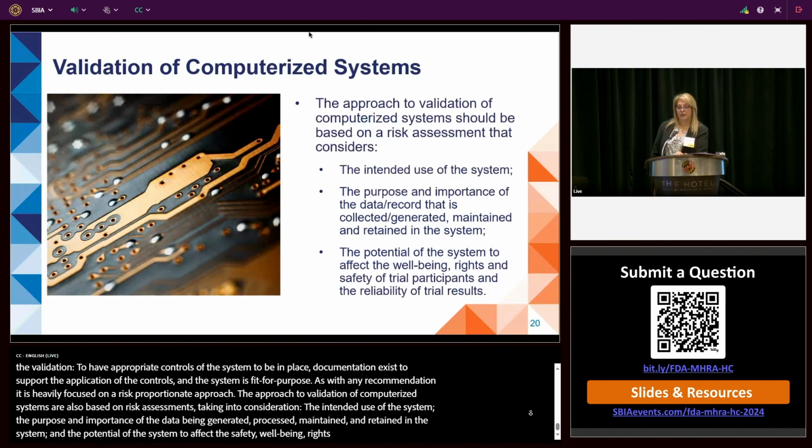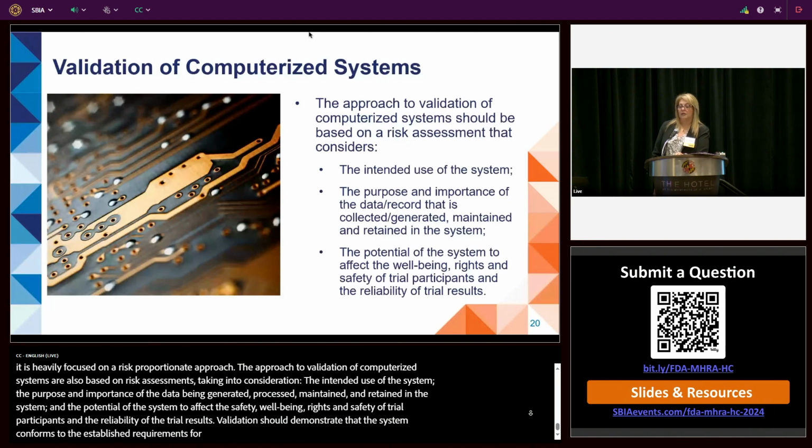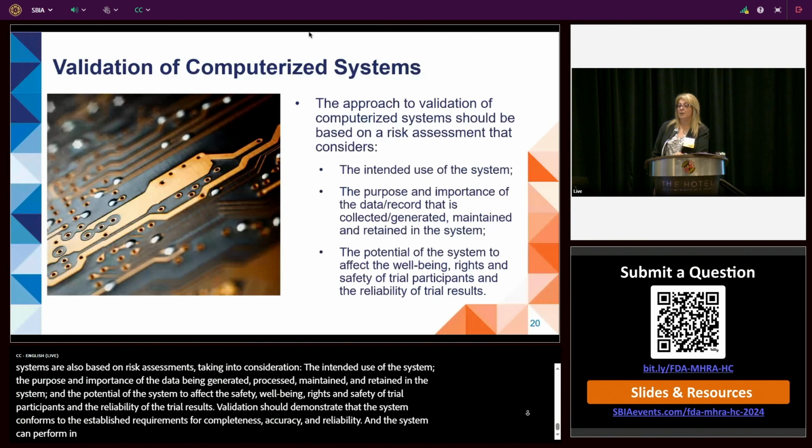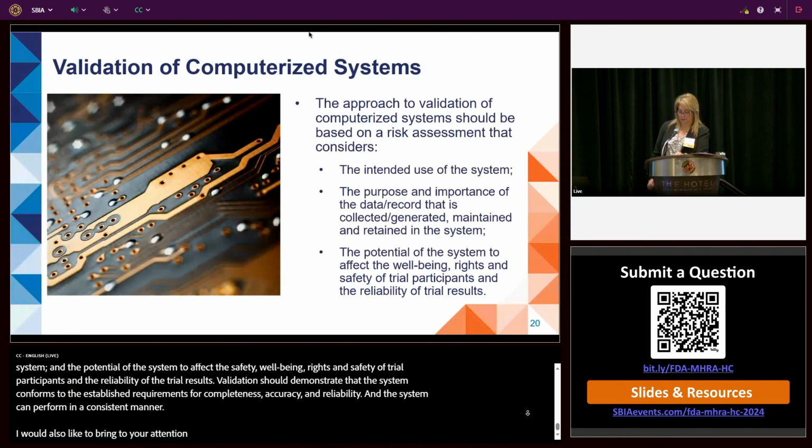Validation should demonstrate that the system conforms to the established requirements for completeness, accuracy, and reliability, and the system can perform in a consistent manner. I also would like to bring to your attention that validation should be maintained throughout the life cycle of the system.